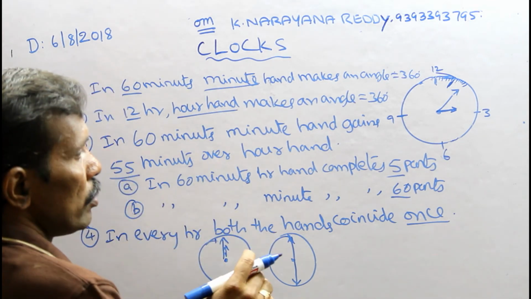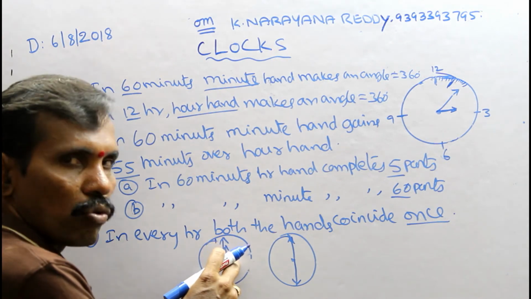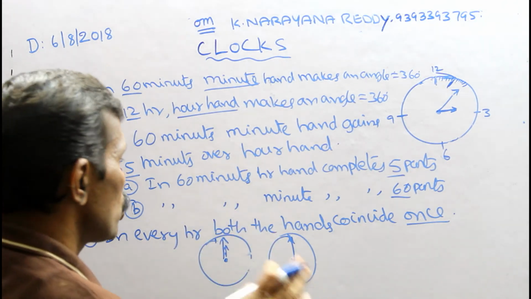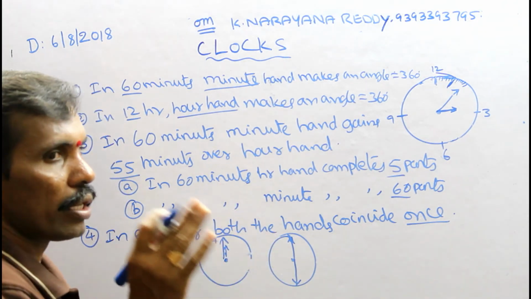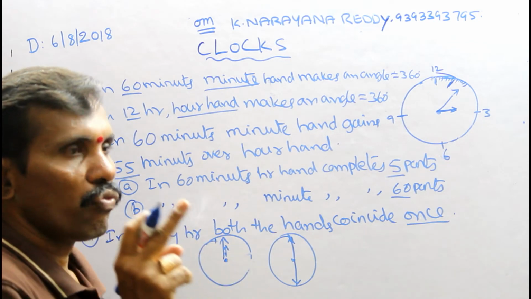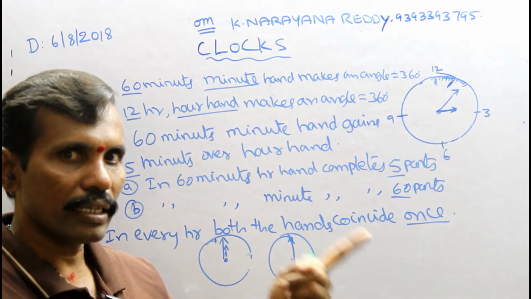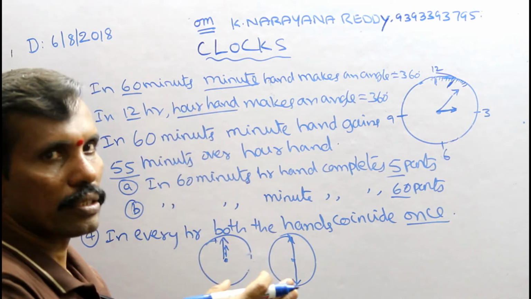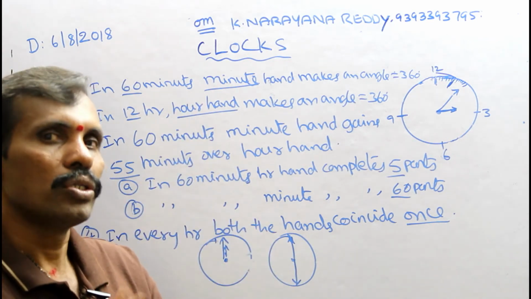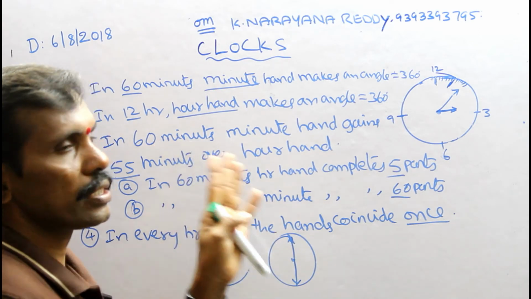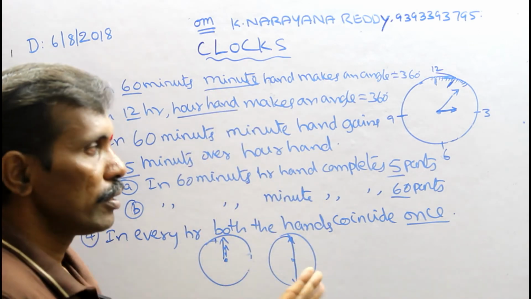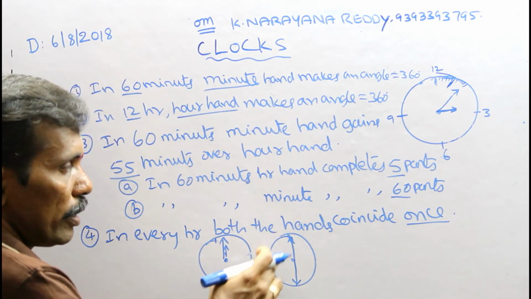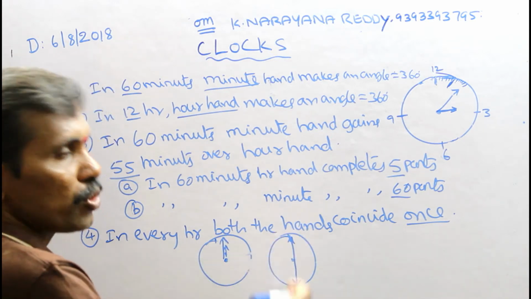That is, at the time of 12, they coincide. Opposite direction is also on the same straight line. So one time is coincidence and another is opposite direction. So at the time of 12 and at the time of 12:30, they are in opposite direction.